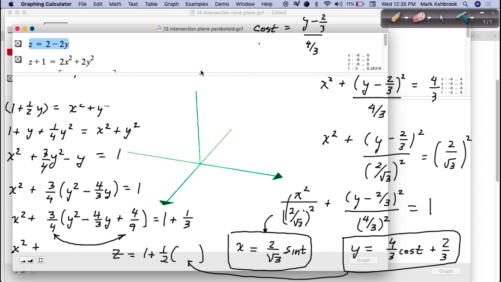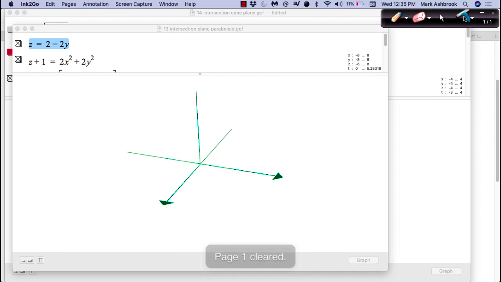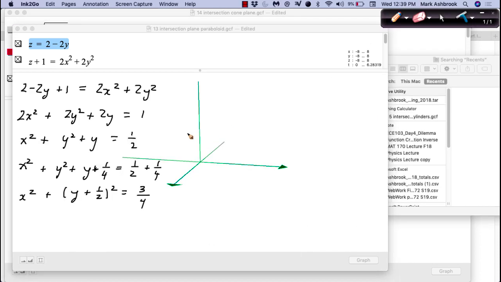All right, try this one. Got 5 minutes. 2 plus 1 is 3.